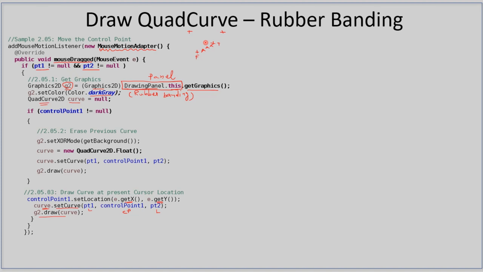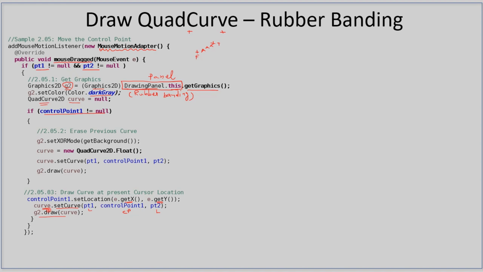So we need to erase the previously drawn curve. That's why here we are checking if control point 1 is not equal to null. That means there is a control point which was defined as part of the previous mouse drag event.